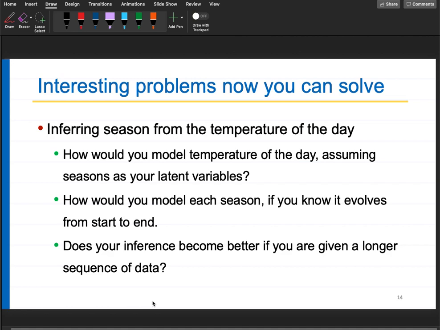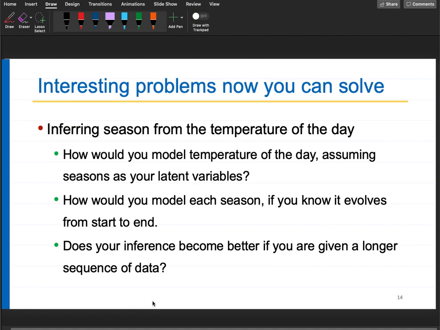Next, another interesting problem is inferring season from the temperature of the day. How would you model temperature of the day assuming the seasons as your latent variables? How will you do that? It's very simple, right? You will take 6 latent variables corresponding to your 6 seasons. But next is more important.